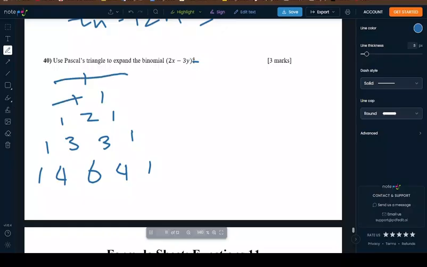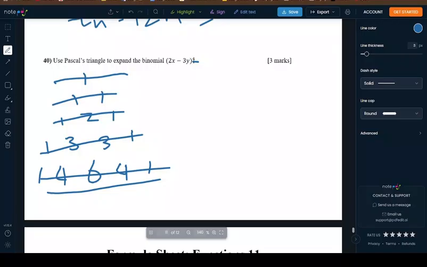So right here, floor 0, floor 1, floor 2, floor 3, floor 4. So this is our floor 4. So this is our n, and we'll have n plus 1 terms, so a little extra. Our first value is going to be 2x to the 4th power.